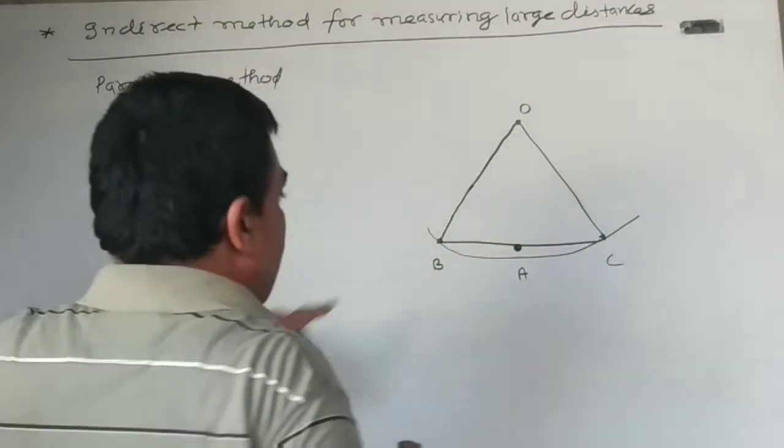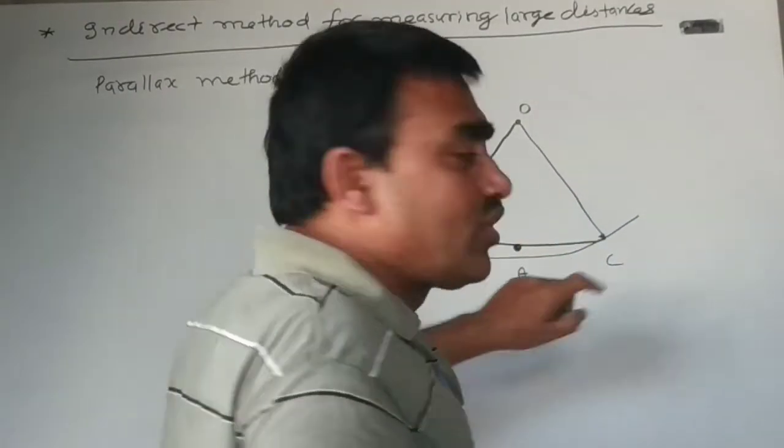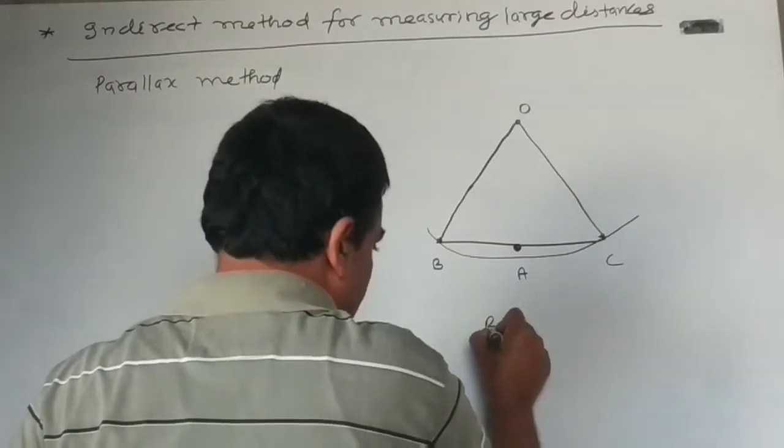The distance between B and C is called the basis.